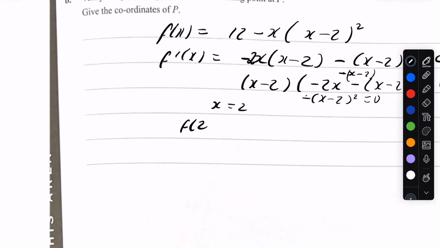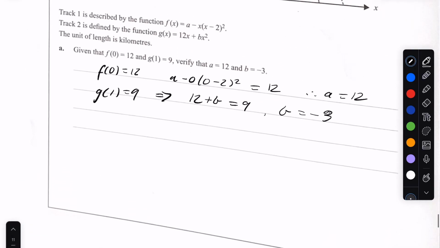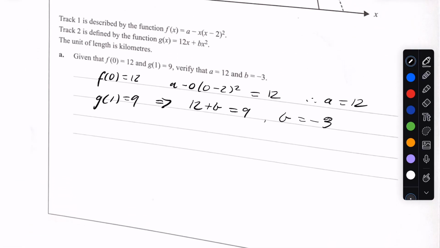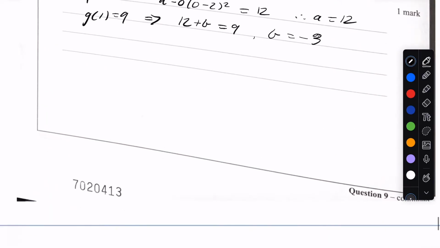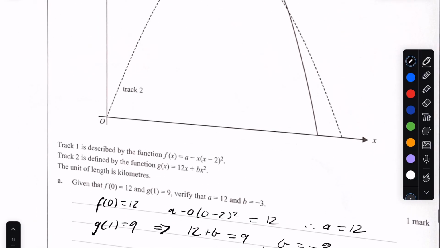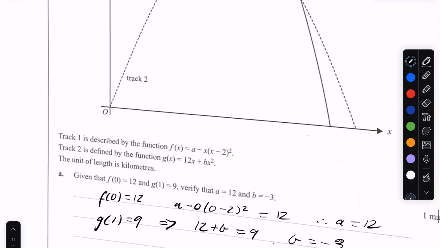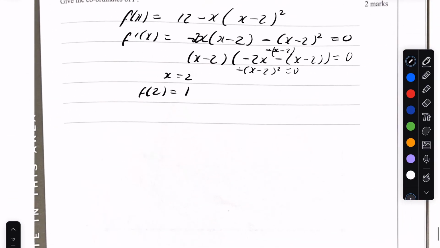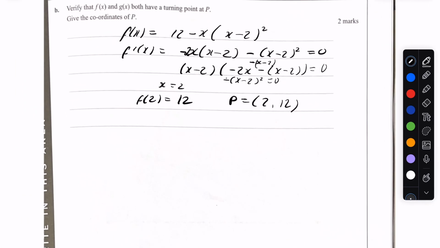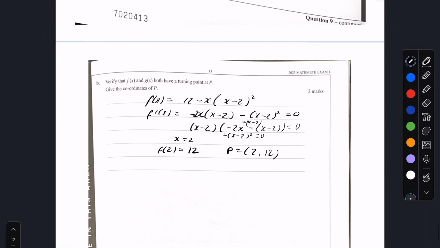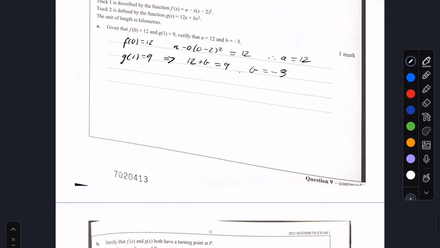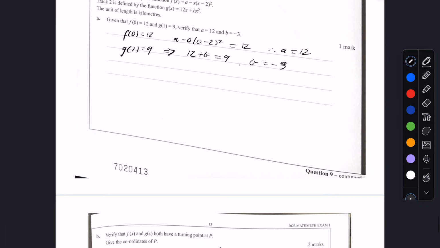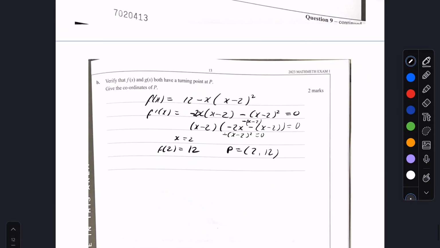And f of 2 is equal to 12 minus 2, just 12, I believe. So P is equal to (2, 12), and we just want to check that that's also on g. So you can just use negative b over 2a.